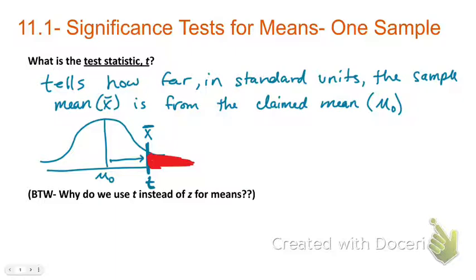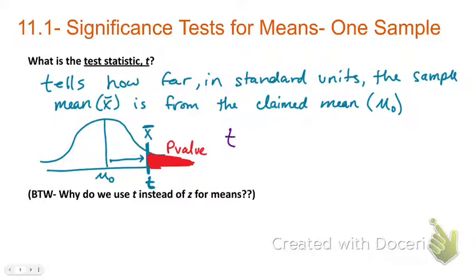Is it ringing a very faint bell, maybe? As extreme or more extreme, that's the p-value. The area that is cut off by that T-test statistic, that is the p-value. We can actually find that p-value, and we'll do that at the very end.